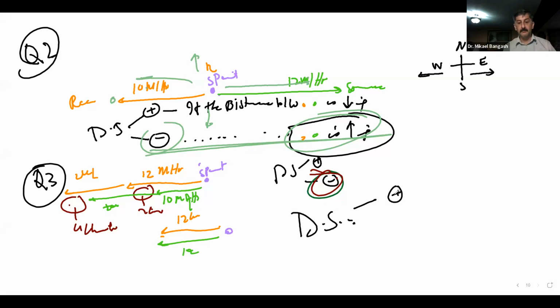Will it be positive? Will it be negative? Will your Doppler shift be positive or negative?